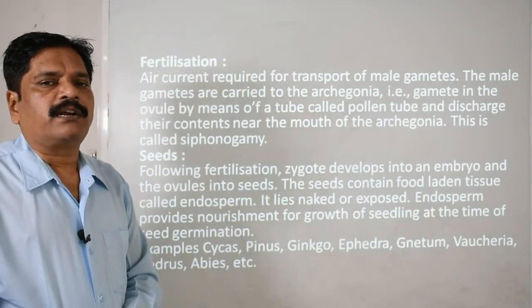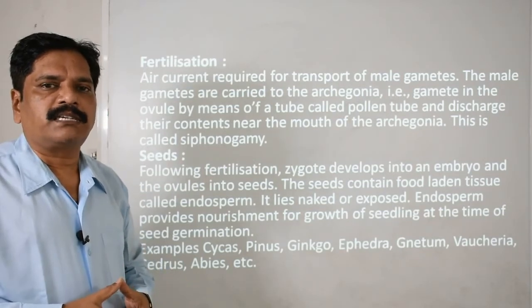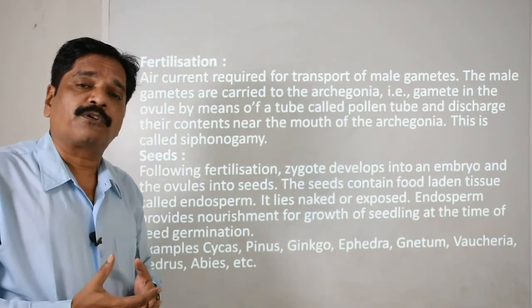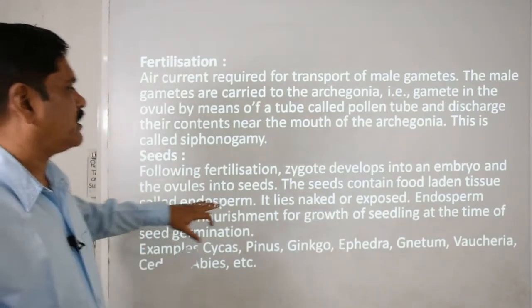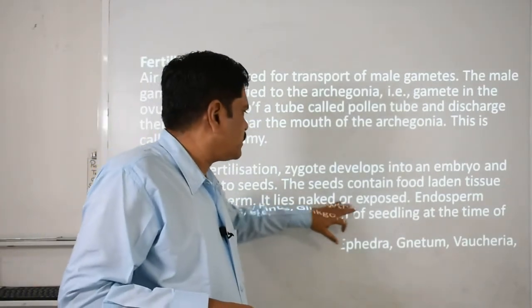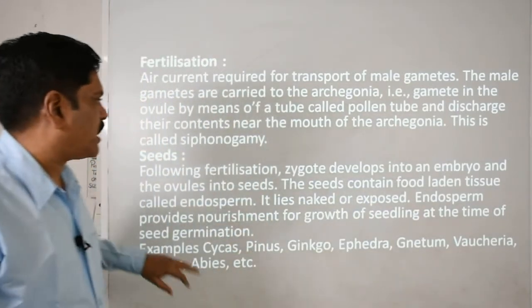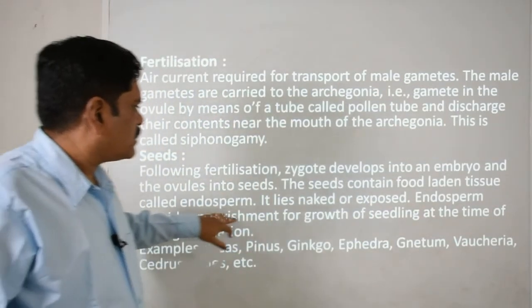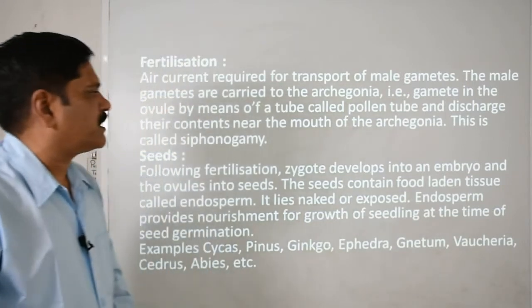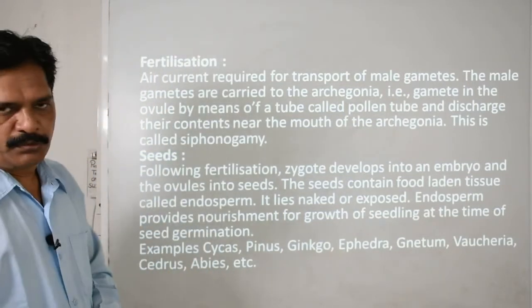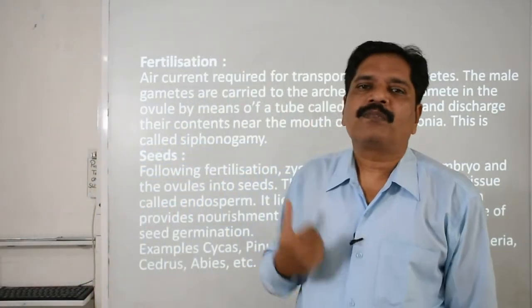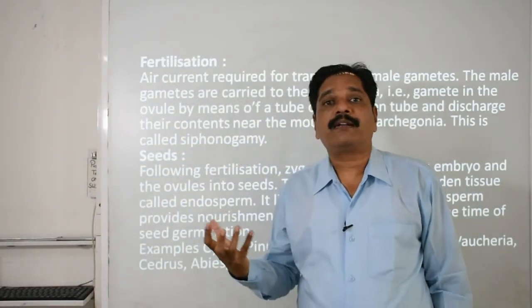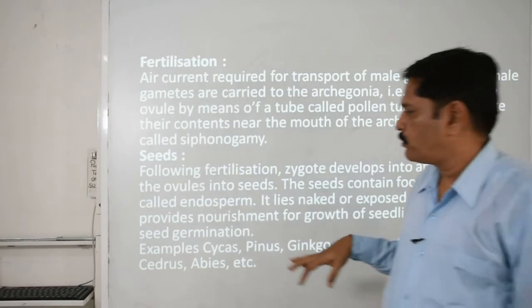We know that the endosperm is present inside the seed, and this endosperm is responsible for nourishing the growing embryo at the time of development. Clear? It lies naked or exposed, and the endosperm provides the nourishment for growth of the seedling at the time of seed germination. So this is also one of the adaptations for the survival and the dominance of the gymnosperm.